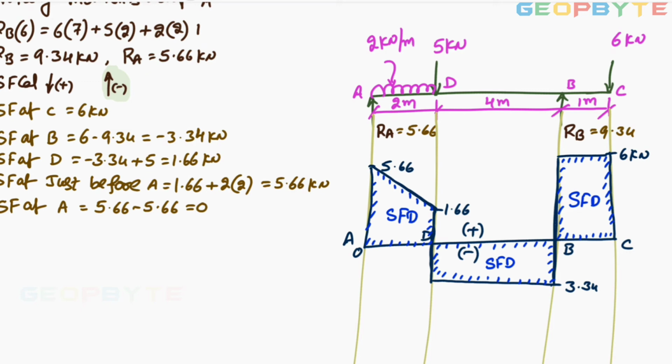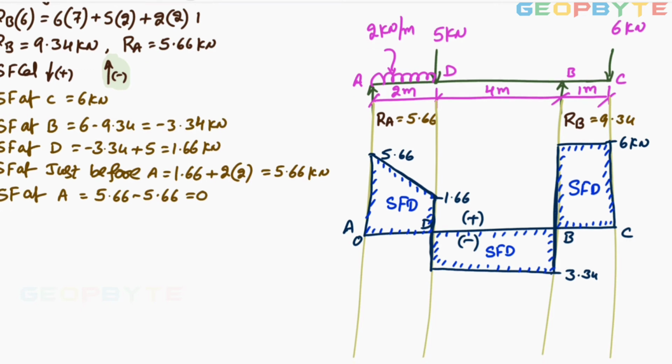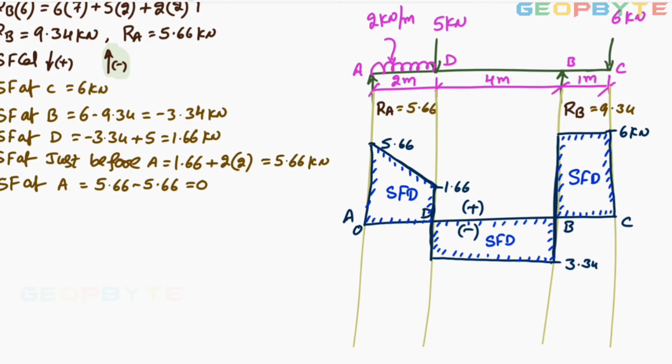Now come to the BM calculations. Here look at the shear force diagram. Shear force diagram changes its sign from positive to negative or negative to positive at B and D. Therefore maximum bending moment may be occurring either at B or D. Let us repeat the same point.